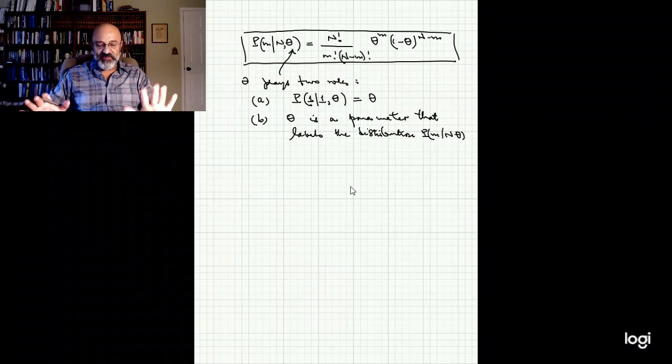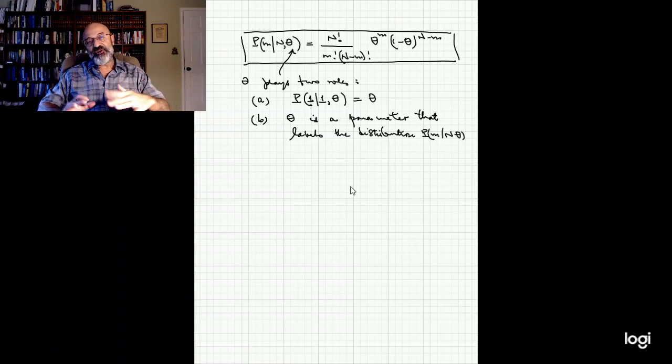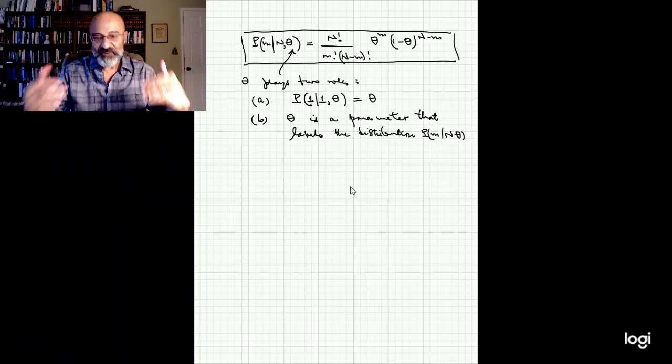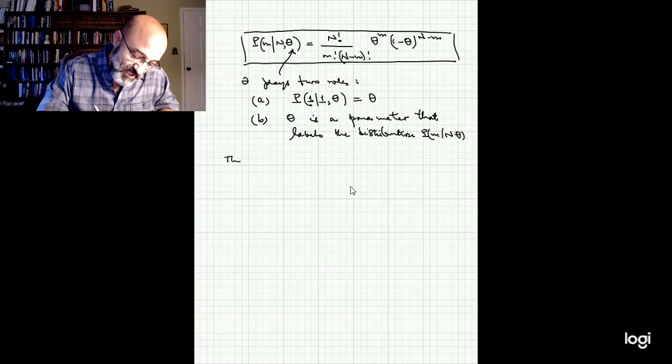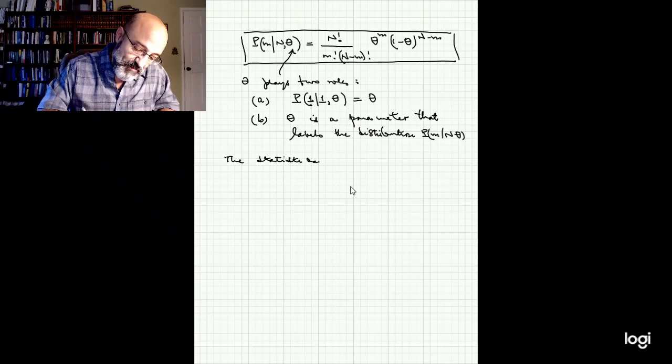Why do I say this? Well, it's because if you look at the space of all binomial distributions, that's a statistical manifold.